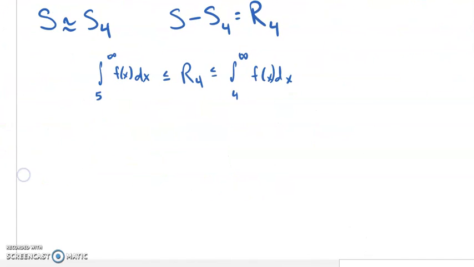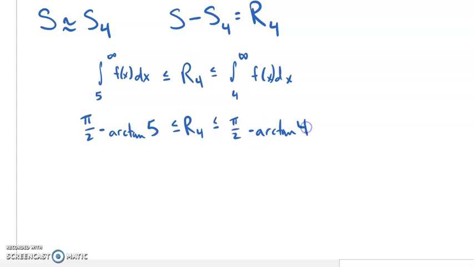That just means that this definite integral is going to be pi over 2 minus the arctan of 5, and this is going to be pi over 2 minus the arctan of 4. These particular values are not friendly unit circle values, but they are values that our calculator can deal with.